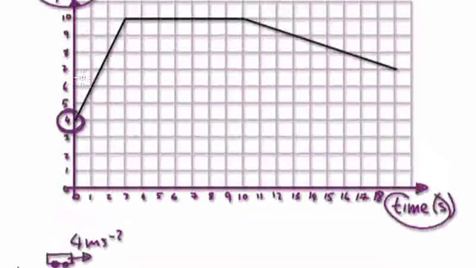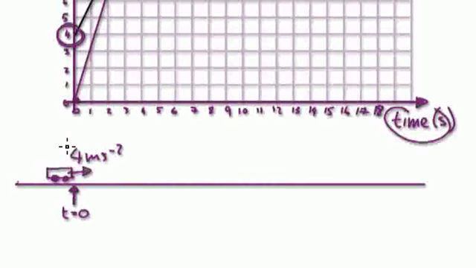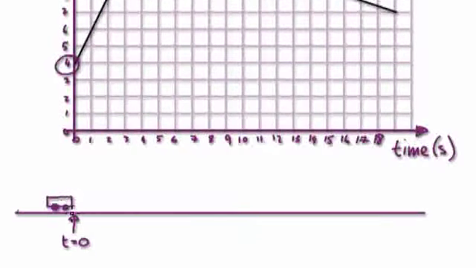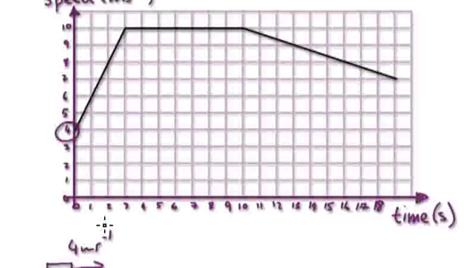So when you have a speed time graph that starts from 0 and then climbs up, it means that the car is at rest when t equals 0, and then it speeds up. But because we're starting at 4, the car is already going at 4 meters per second at the initial time t equals 0.